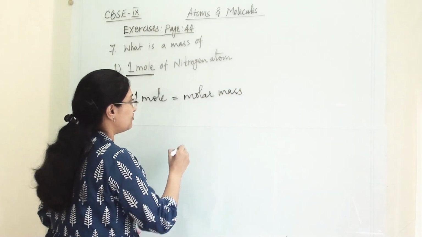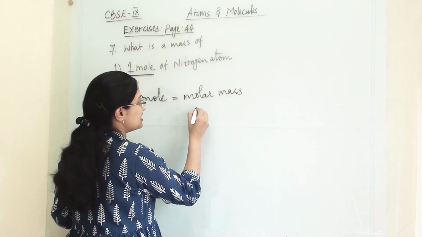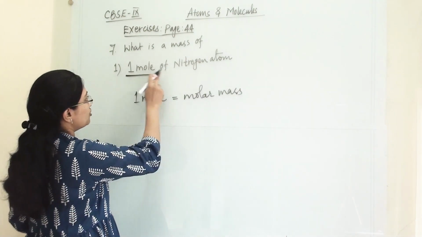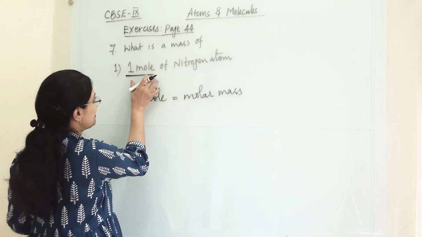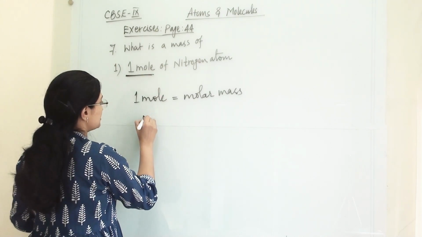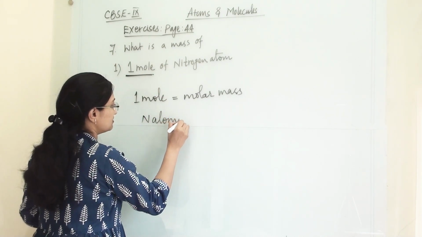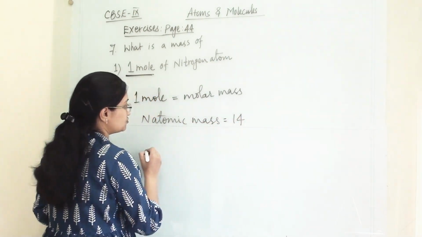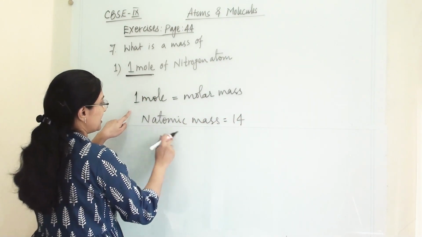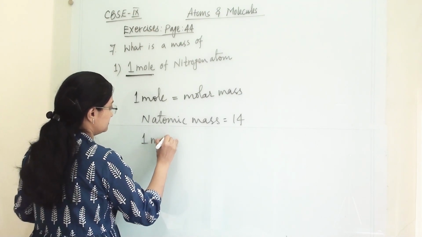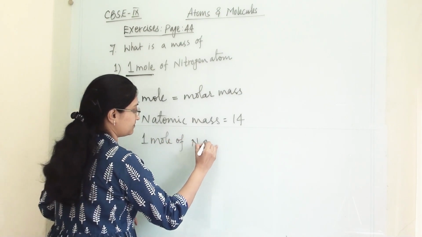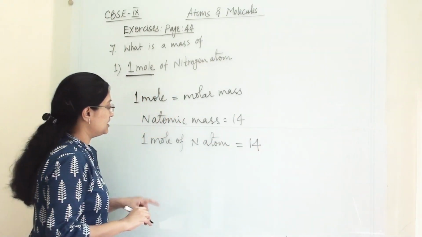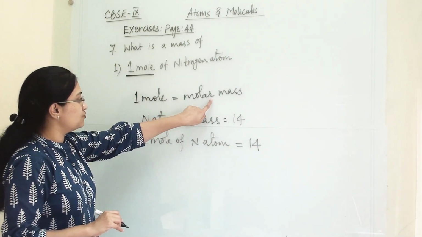Now what is the meaning of molar mass? It is molecular mass or atomic mass. So 1 mole of nitrogen atom, it's already 1 mole. So nitrogen's atomic mass is 40. So if 1 mole of nitrogen atom is there, then its weight is 40, because 1 mole equals the molar mass.